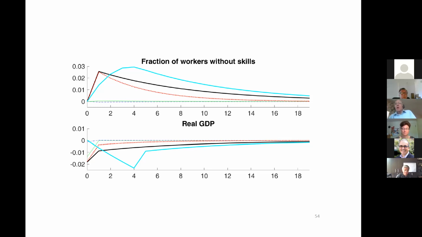Also here, I've shown all the examples. So the different cases: a temporary shock to demand is the green line, a temporary increase in demand is the dashed blue, the drop in demand that forces a bunch of guys out is in black, and the same drop with fewer frictions is in red.